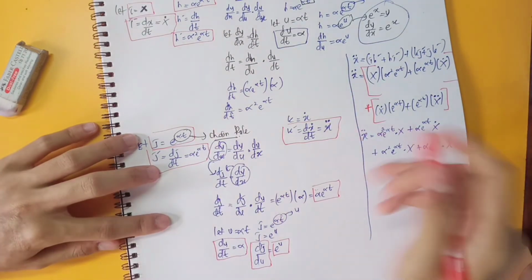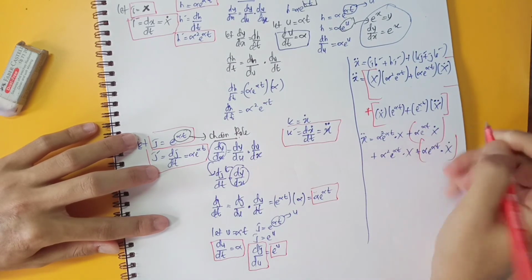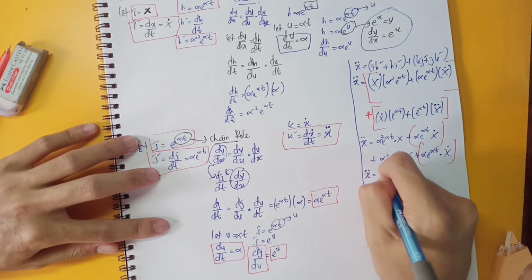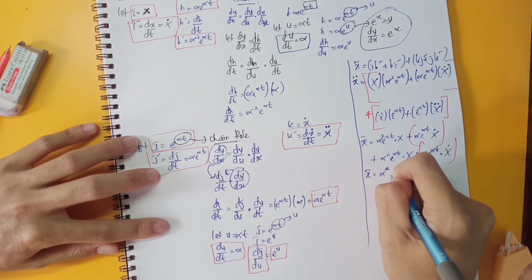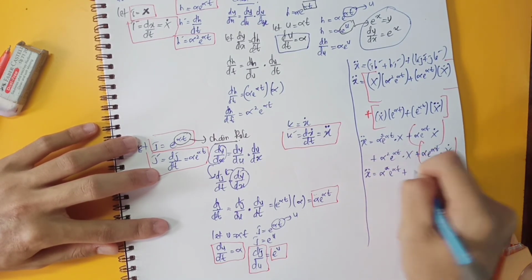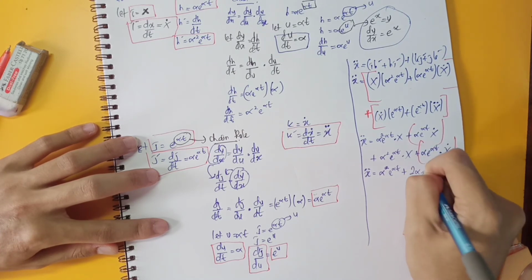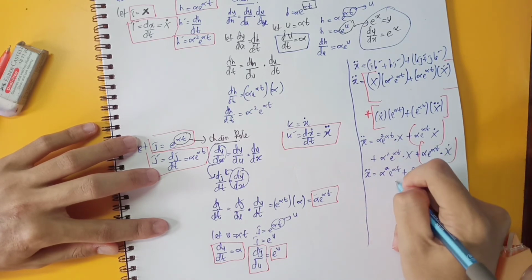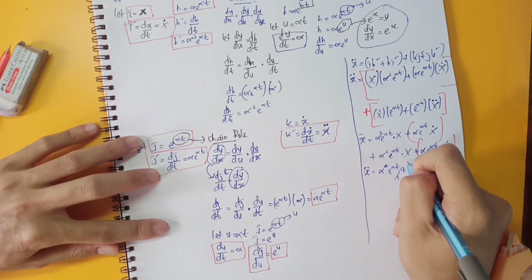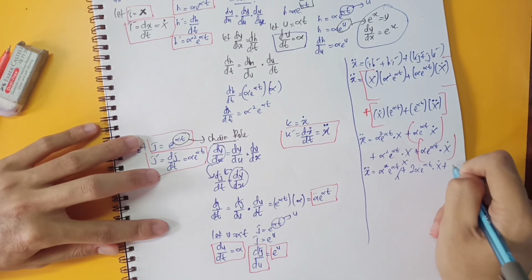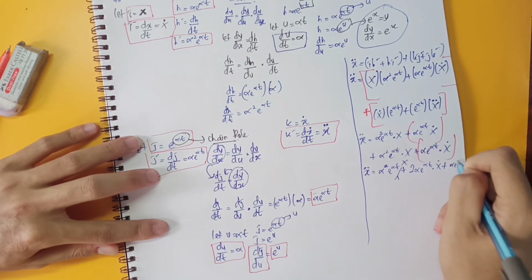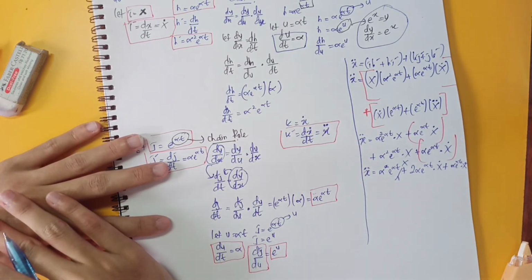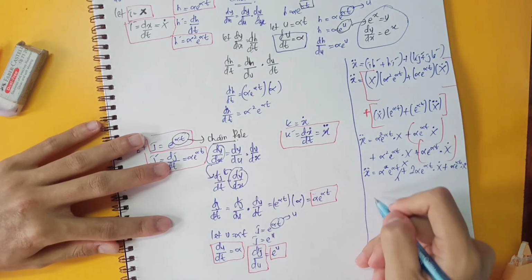And we can add up here, and finally we can find that x double dot is equal to alpha squared e^(alpha t) times x, plus 2 alpha e^(alpha t) times x single dot, and then plus alpha e^(alpha t) times x. Very simple. Let me write it properly.